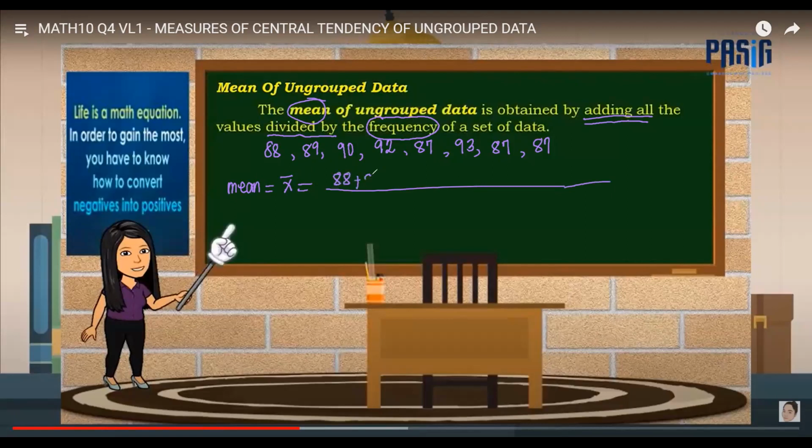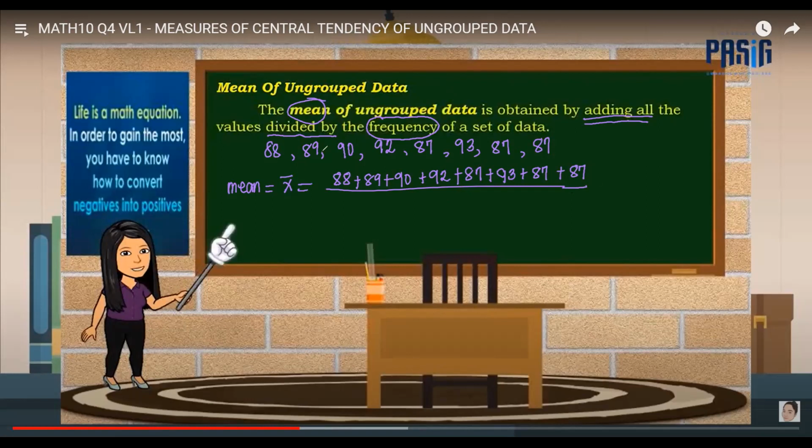You have 88 plus 89. Please be ready with your calculator. Then add all of this. Tell me what will be the answer. You can also use your cell phone to solve for the sum of the values.